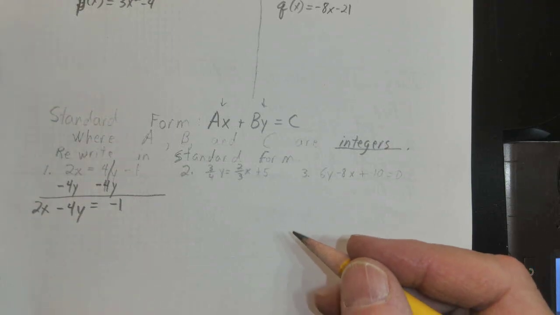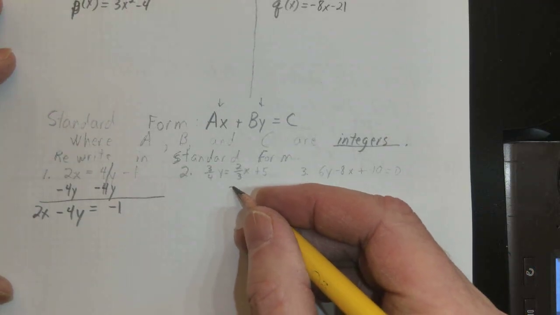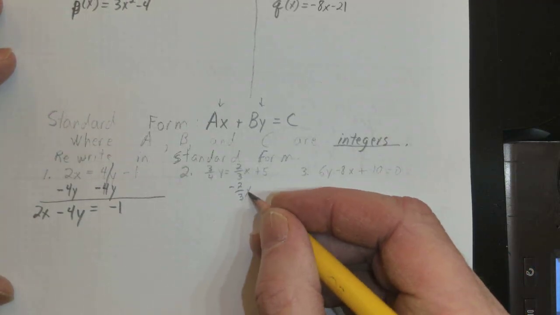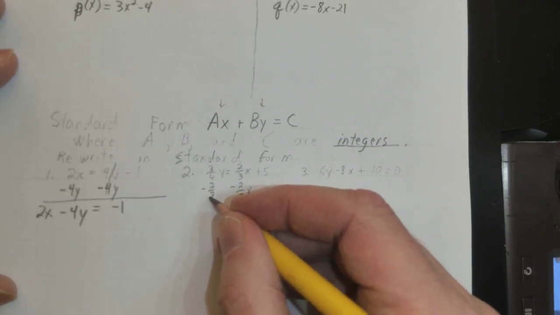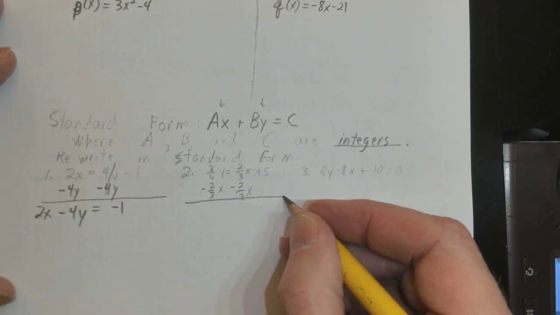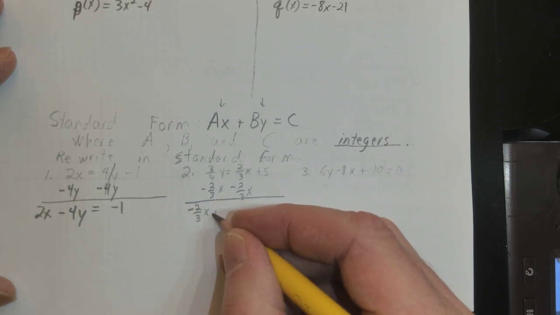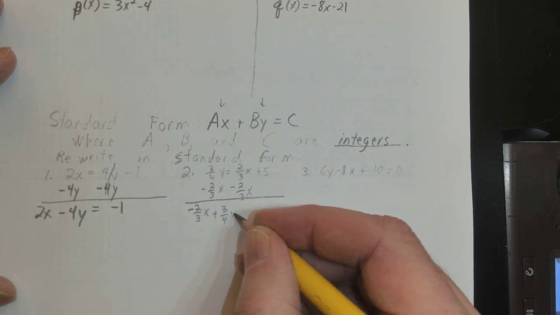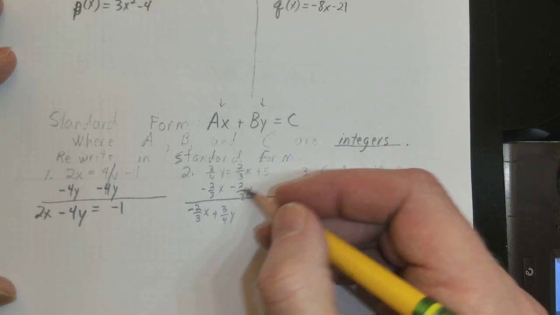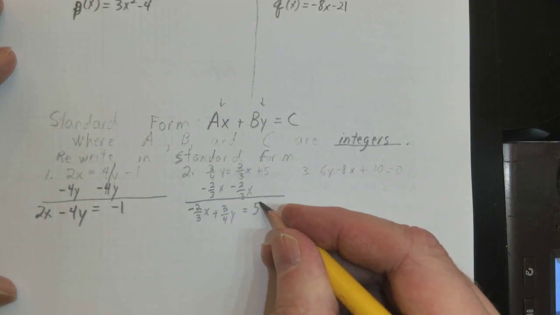This one, number 2. First thing I'm going to do is subtract 2/3 x from both sides. I'll write negative 2/3 x plus 3/4 y. This is 0. 0 plus 5 is 5.